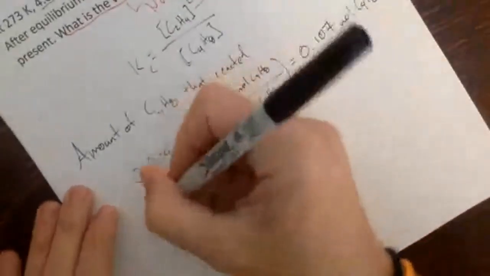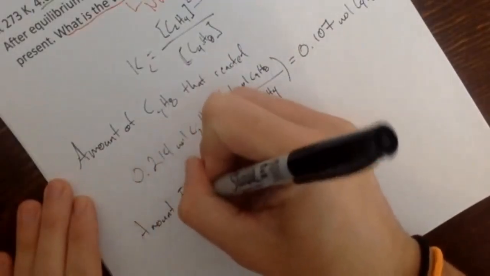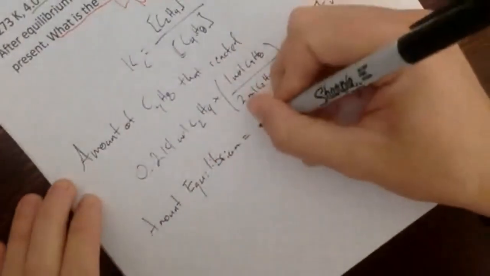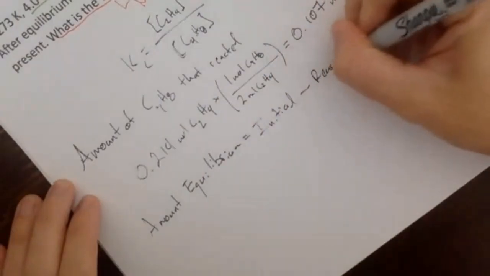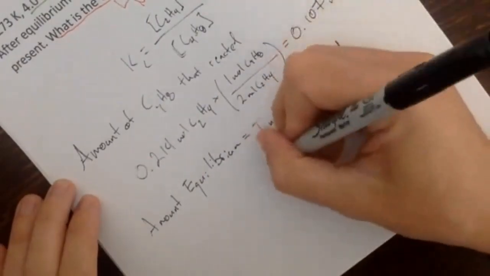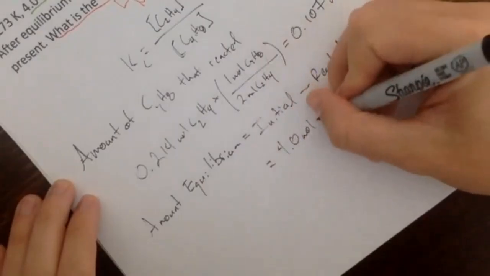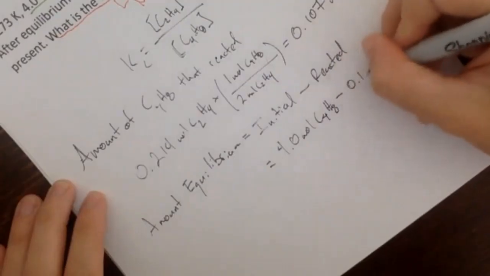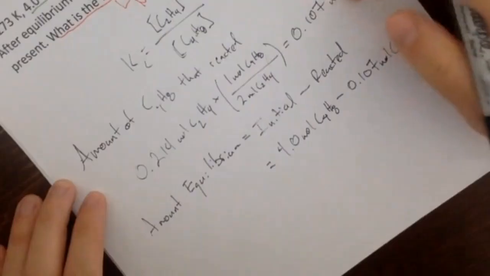The amount at equilibrium is equal to my initial minus the reacted. The initial is those 4.0 moles of C4H8 minus the 0.107 moles of C4H8 that reacted.